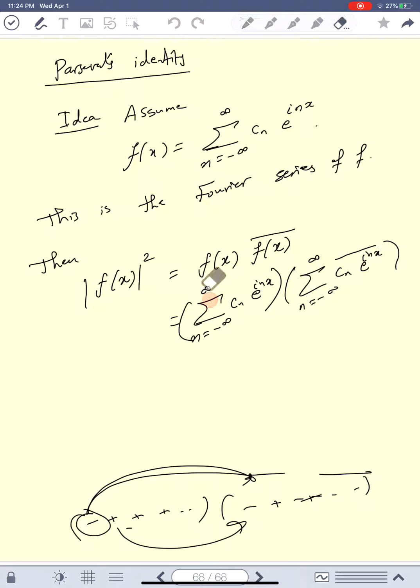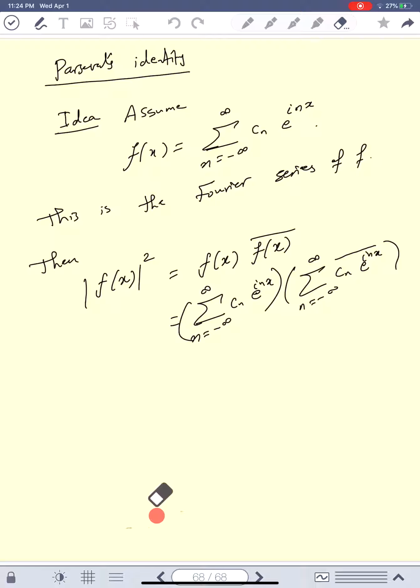So basically, when you multiply these two brackets, what do you get? You get the sum, so you need to multiply every term in here with everything there, right?